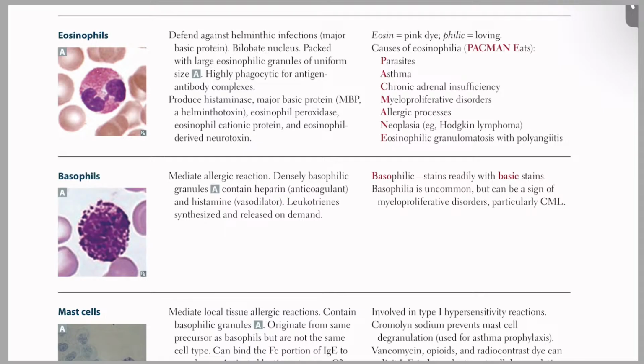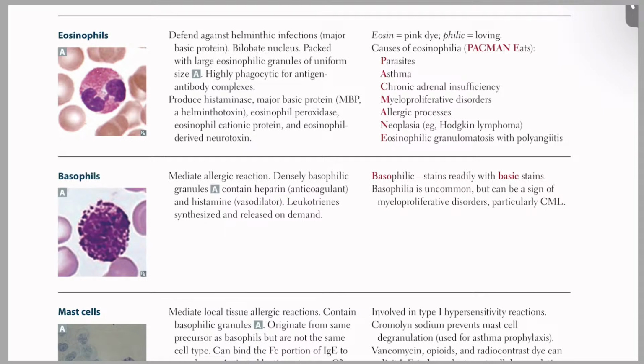Produce histaminase, major basic protein MBP, a helminthotoxin, eosinophil peroxidase, eosinophil cationic protein, and eosinophil derived neurotoxin. Eosin equals pink dye, philic equals loving.